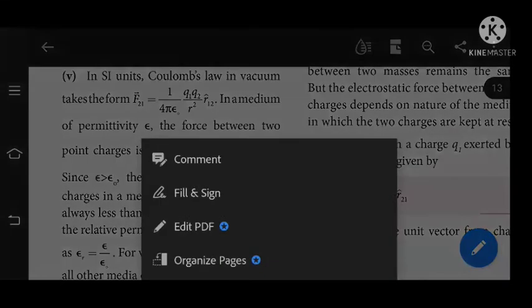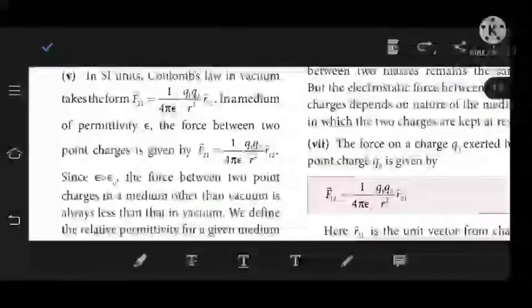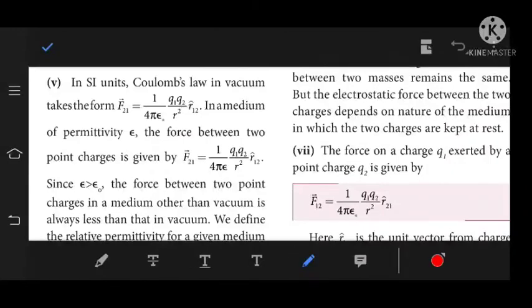So epsilon naught is replaced by epsilon. Please notice these two: here epsilon naught, here epsilon.